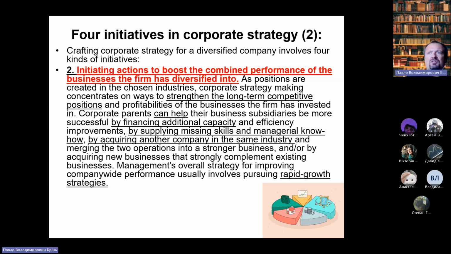It shouldn't be the situation that one strategical business unit provides damages to other strategical business units. And usually it's also about the corporate culture.